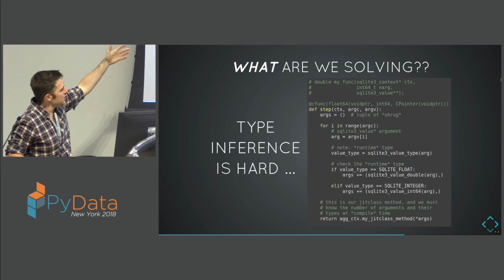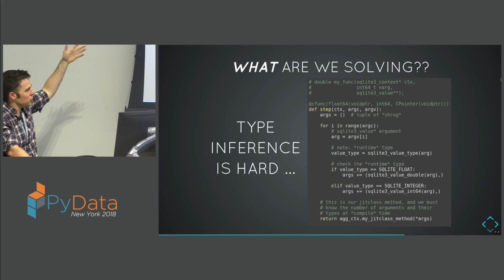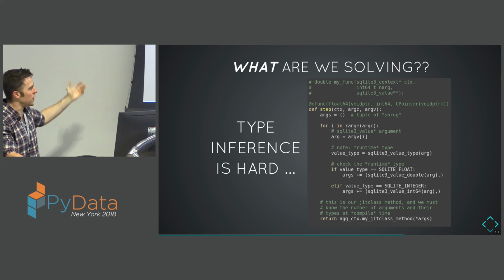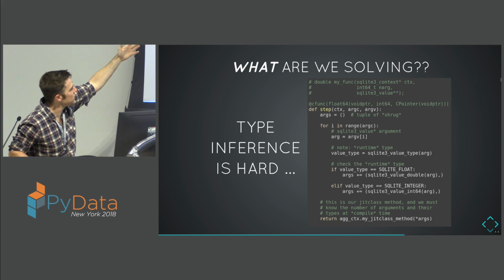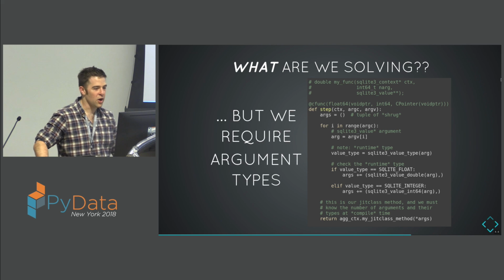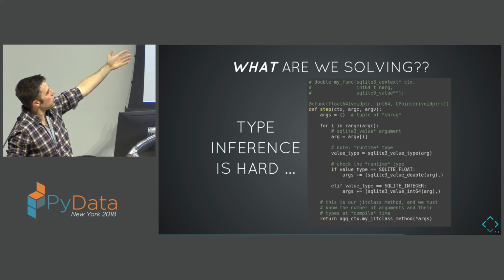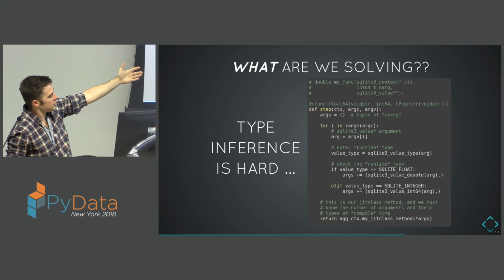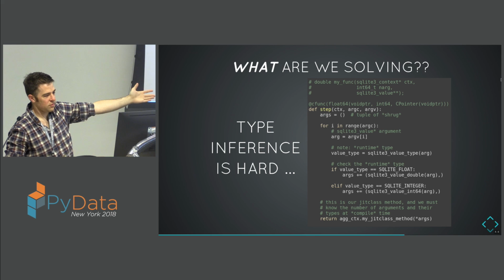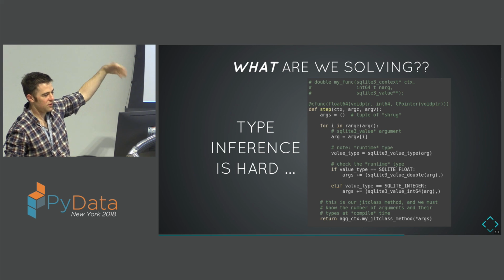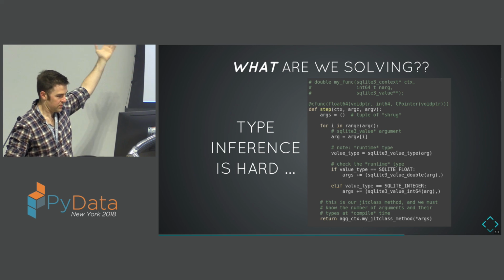The problem is that this SQLite value doesn't have a type until runtime, right? So in this case, what I'm doing is building an argument tuple, and I'm saying for each argument, give me the type. If it's a SQLite float, append it to the tuple. If it's an integer, append that to the tuple.